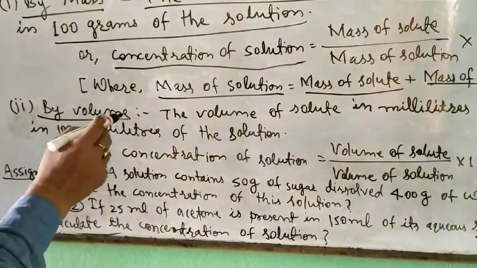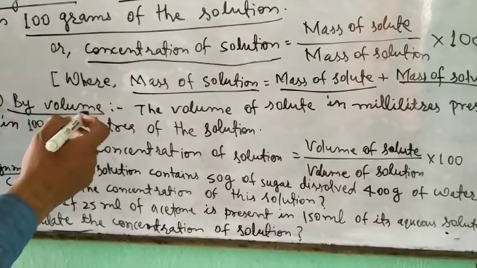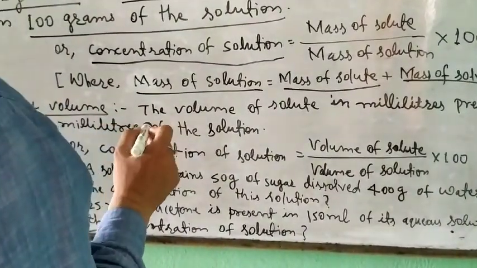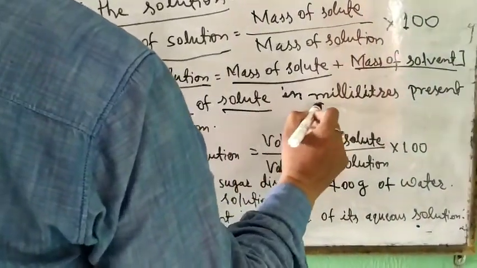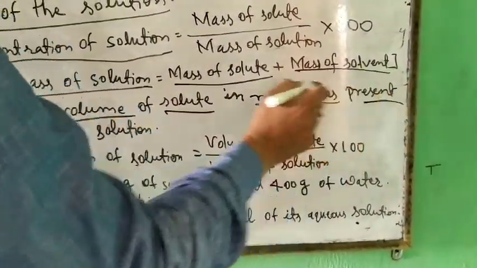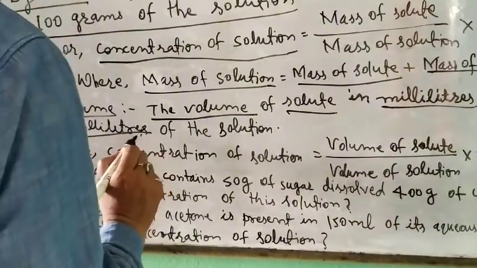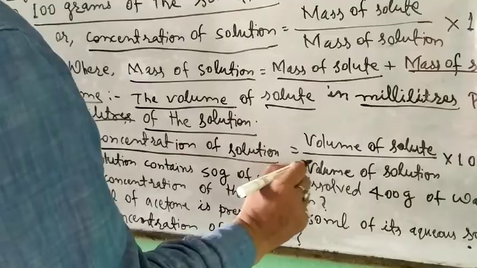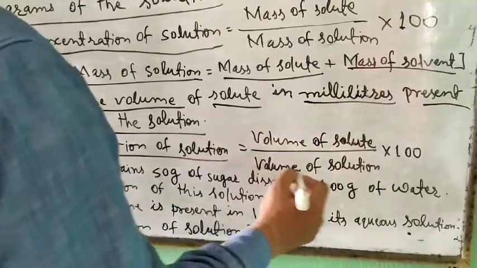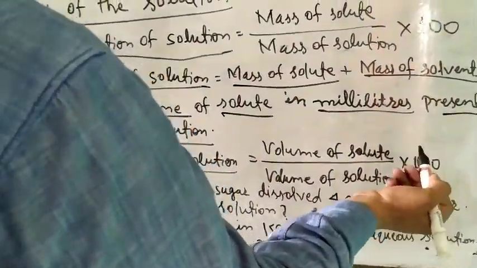Now by volume: the volume of solute in milliliters present in 100 milliliters of the solution. So the concentration of solution is equal to volume of solute by volume of solution into 100.